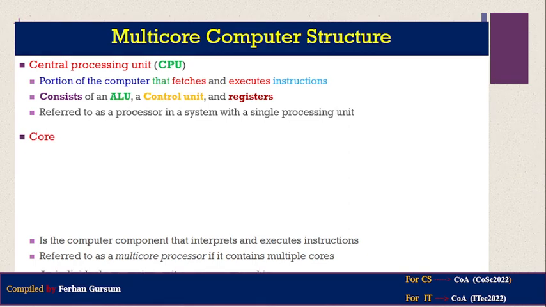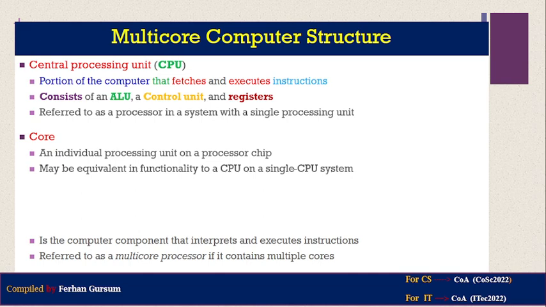When we say core, an individual processing unit on a processor chip, that is core, okay? An individual processing unit on a processor chip is called what? Core. It may be equivalent in functionality to a CPU, but not equal, okay?